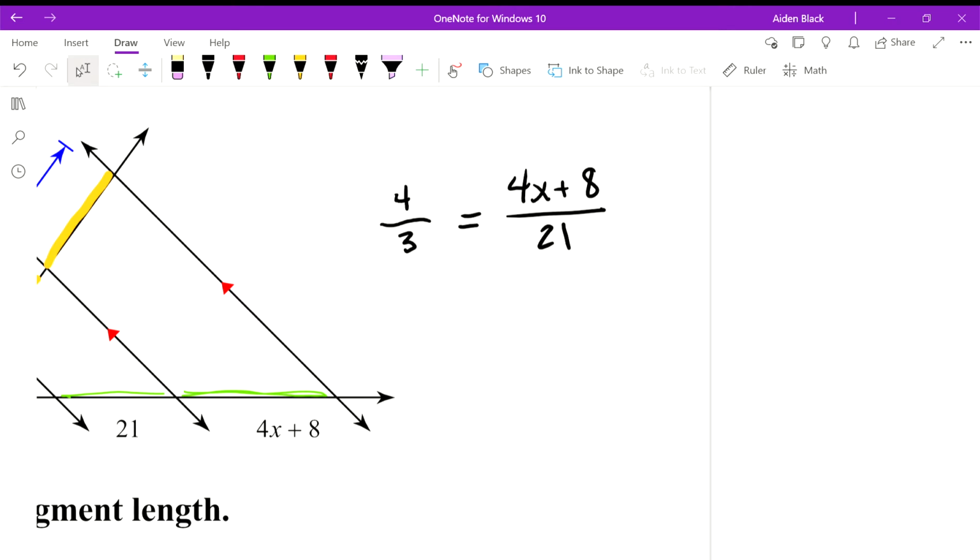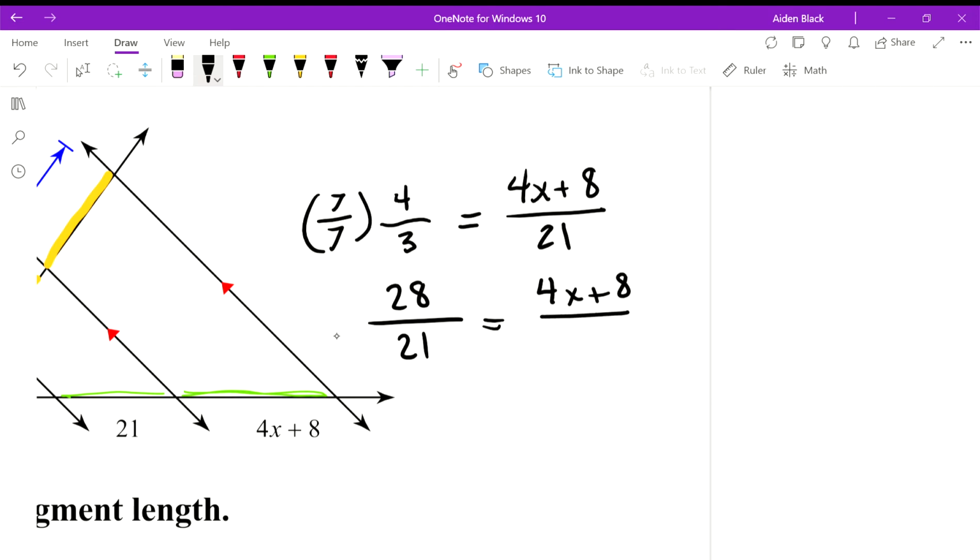Ooh, I know an even easier way to do this. I know that if I multiply this by 7/7, I'll end up with the same denominator, 21, and 7 times 4 is 28. So I know that 4x plus 8 must equal 28. That's pretty easy. See, I could just take that out.